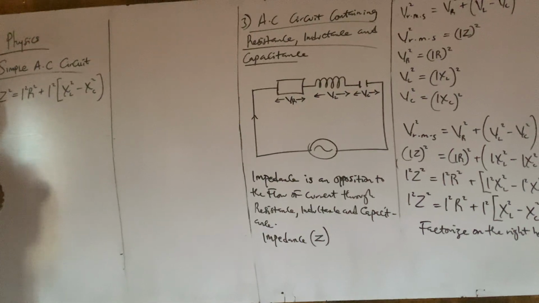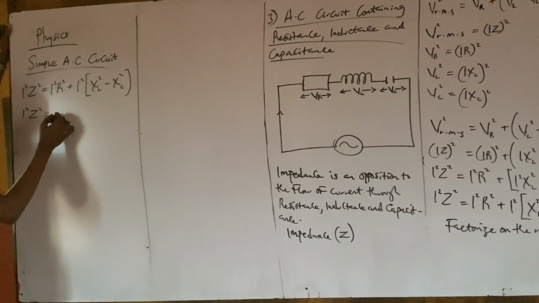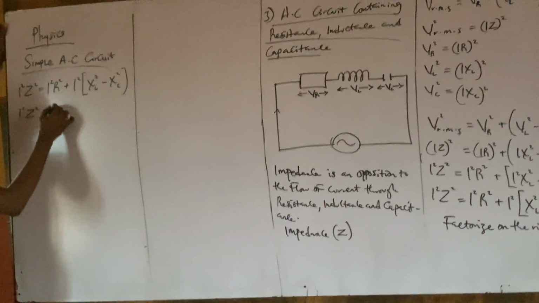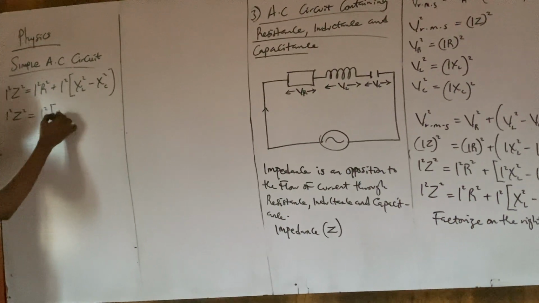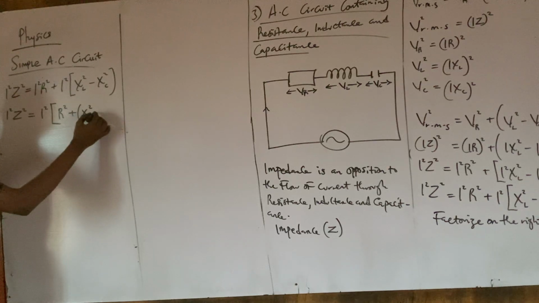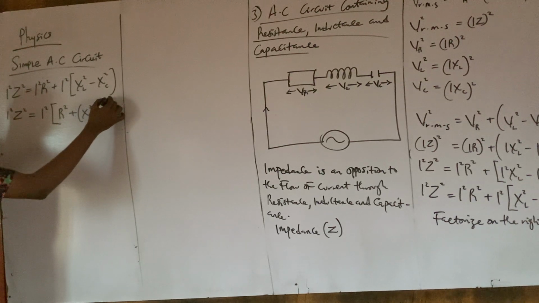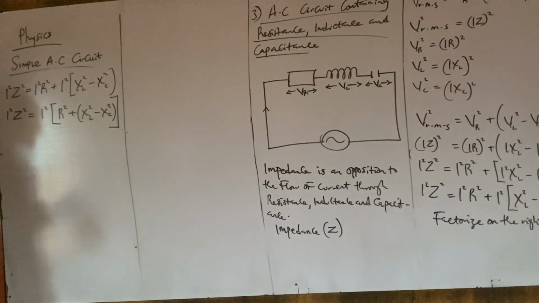Is that correct? So now, if we do that, we have I squared Z squared is equal to I squared, then bracket R squared plus small bracket XL squared minus XC squared. Close the small bracket and close the big bracket.